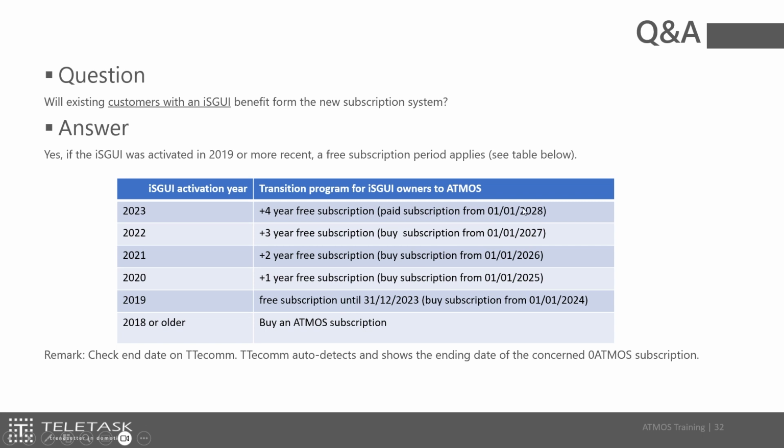I would say it's 31st December of 2027, but at 1/1/2028 he or she has to go and pay for a new subscription. With an ISGUI activation date of 2018 or older, they have to buy the subscription already.